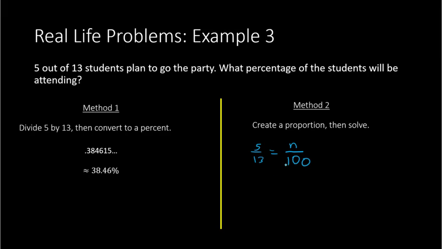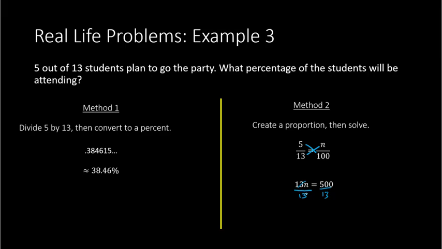So we set up our proportion, and then we can cross multiply to solve this. We see our proportion typed up right here in the notes. To solve, we cross multiply. 13 times n equals 5 times 100, which is 500. And then solve by dividing both sides by 13.